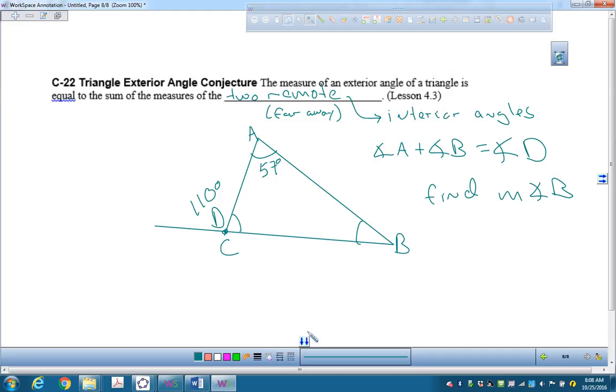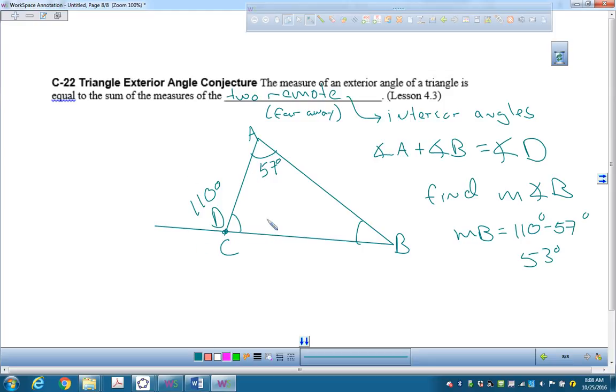How would I find the measure of angle B? Just subtract 57 from 110, right? So measure of angle B is equal to 110 minus 57. What's that, 53? Yeah. 53 degrees, okay? So previously, it saves you some time, right?